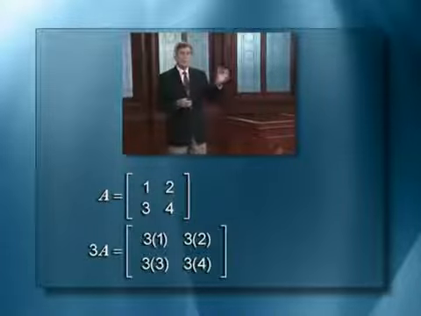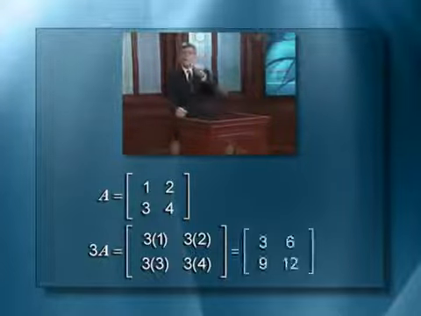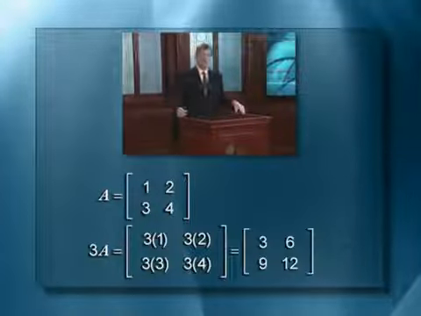So you'll get 3 times 1, 3 times 2, 3 times 3, 3 times 4, and that yields 3, 6, 9, 12. Now this might ring a bell. Some memory cells might say, oh, didn't we do this earlier? Yeah, with vectors. Remember how we added vectors and multiplied vectors by scalars? Well, the same thing is going on here, isn't it? Adding matrices, multiplying matrices by scalars.